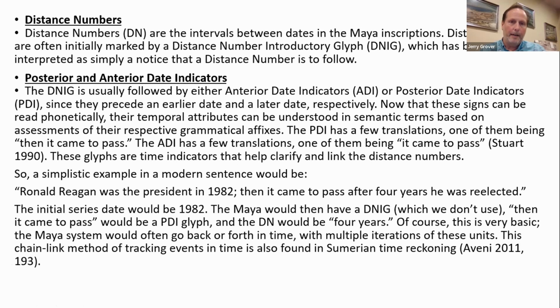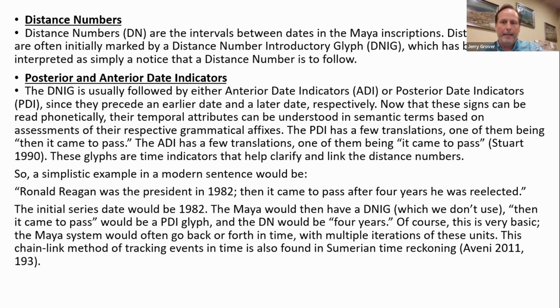A simplistic example of their counting would be: Ronald Reagan was president in 1982. Then it came to pass after 4 years, he was reelected. So the initial series date would be 1982.